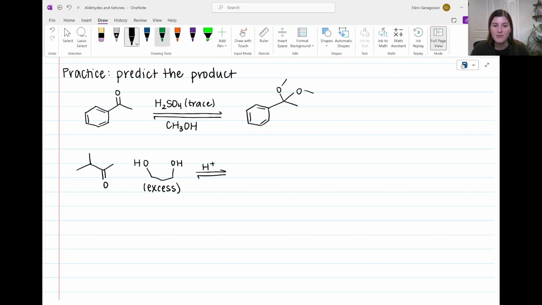Now, instead of having two of these alcohol separate molecules bonding to the carbonyl carbon, we could have one of the OH groups bonding to the carbonyl carbon and the other from the same molecule, the same diol, bonding to that carbonyl carbon as well.